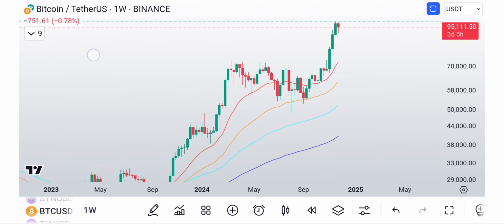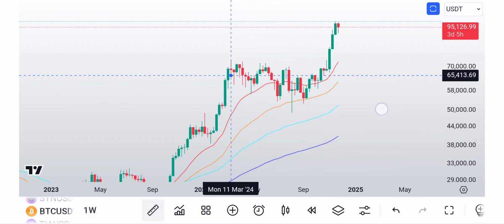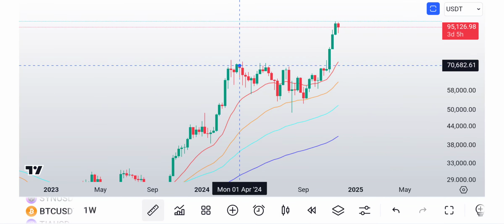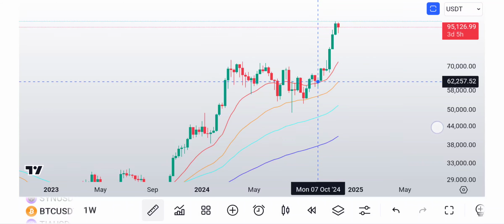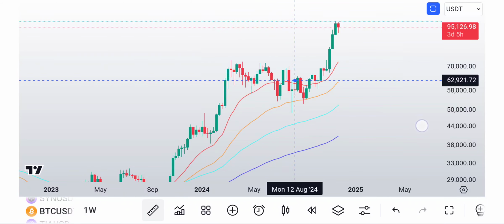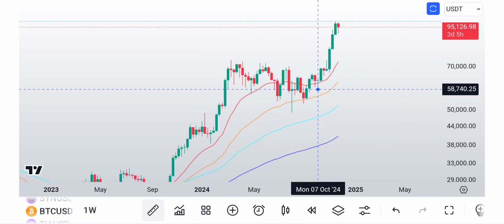Why? Because despite going down and down and down for a long time, I mean, that was since April all the way to really October, where there was some doubt with a lot of people, right?